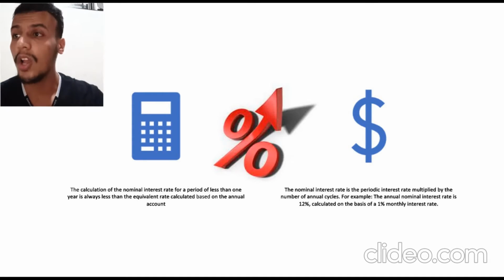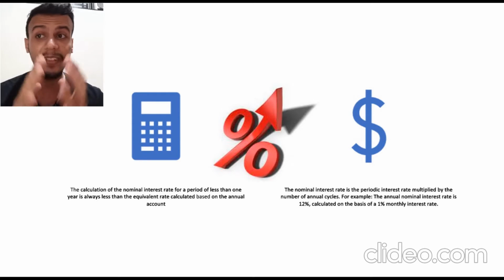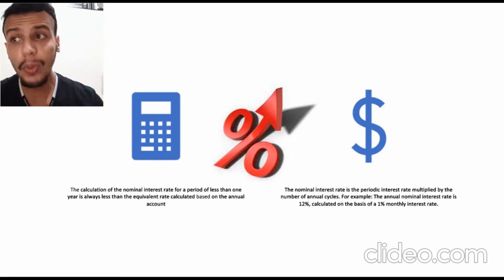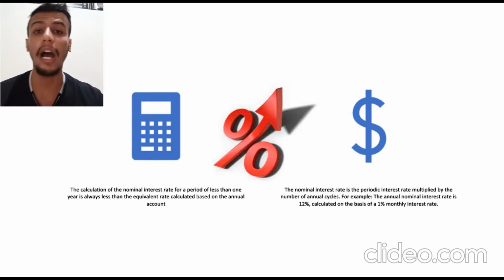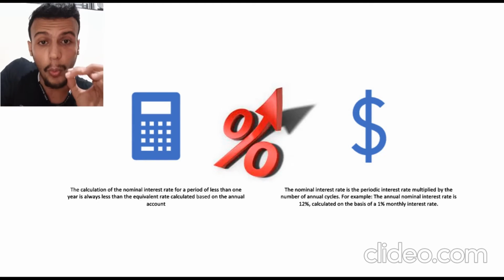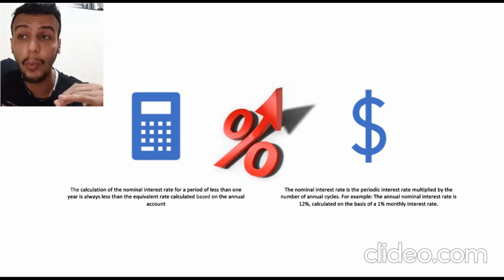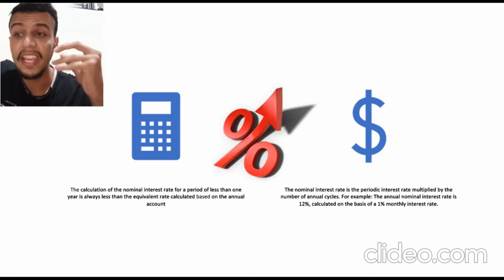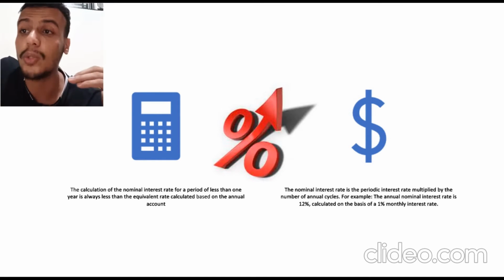The calculation of the nominal interest rate for a period of less than 1 year is always less than the equivalent rate calculated based on the annual account. When the time is less than 1 year, like 6 months or 1 month, the equivalent will be less, the average of the benefit will be less.